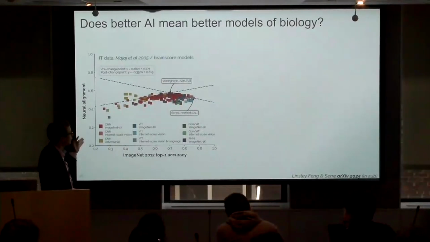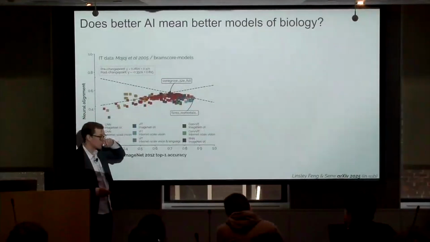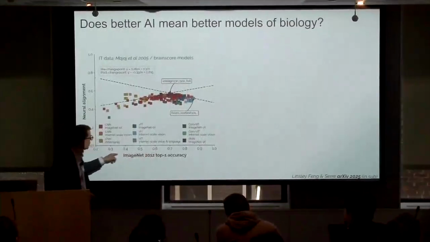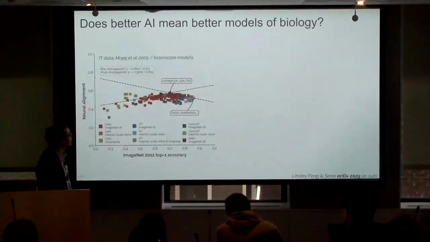And if we look at the trends, I would say the trend has been changing. Here's a reanalysis from Drew, where every square corresponds to a different architecture from Brain-Score. Again, ImageNet top-one accuracy is on the x-axis, neural alignment on the y-axis.